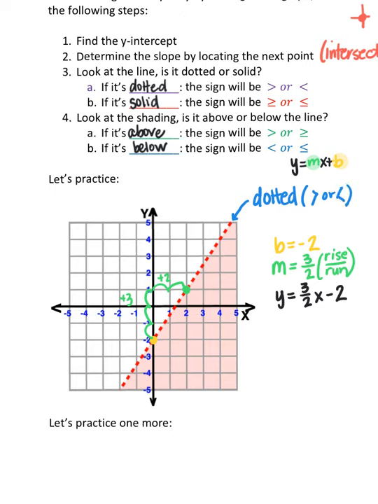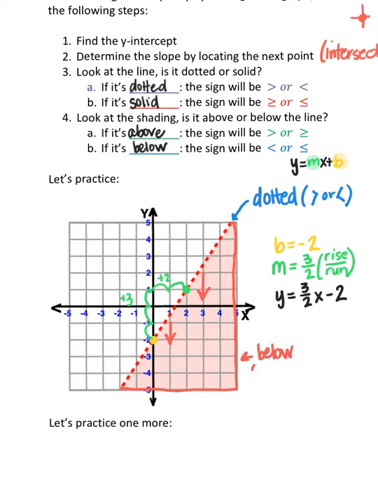Now my directions tell me to look at the shading. Is it above or below the line? If I look at the area that's shaded in red, it is below the line. So my shading is below.